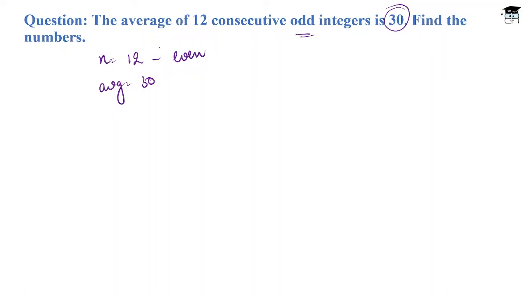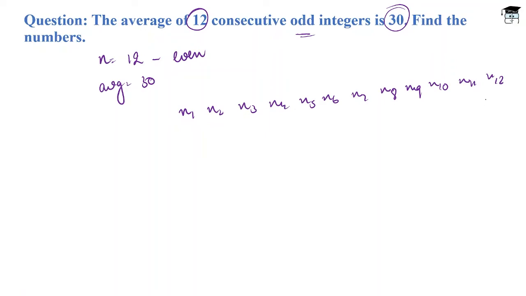Alright. So, we have to calculate of 12. Now, here N1, N2, N3, N4, N5, N6, N7, N8, N9, N10, N11 and N12. Alright. So these are 12 consecutive odd integers.